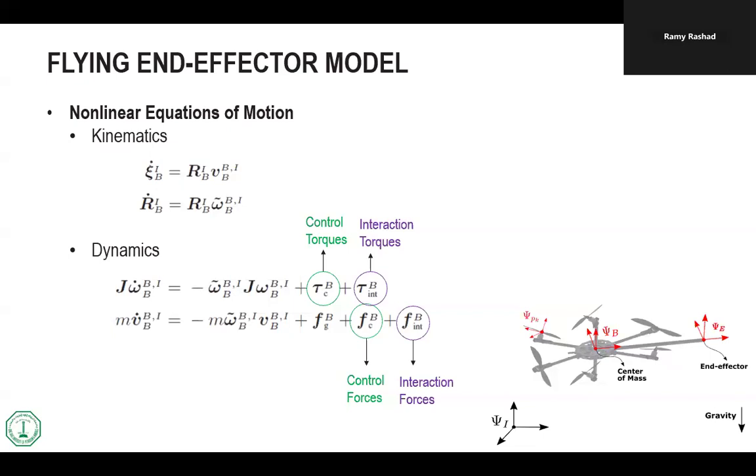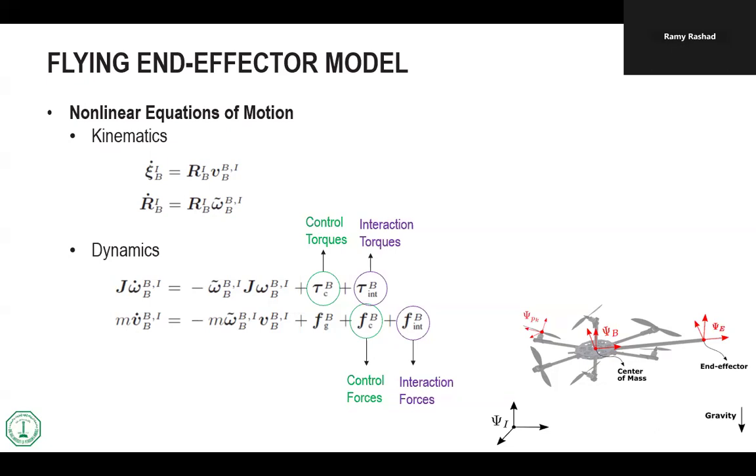The dynamics is simply the conservation of momentum: conservation of angular momentum and conservation of linear momentum. All of these nonlinear terms arise because rotation and translation are coupled at the same time. The first ones we call gyroscopic, the second ones we call Coriolis forces. Then you have the gravity force, the control force and the interaction force. Similarly, you have the control torques and the interaction torques.